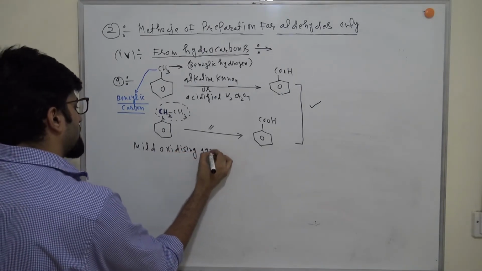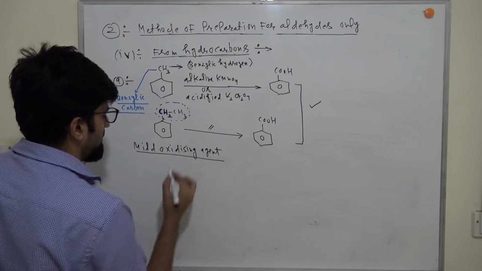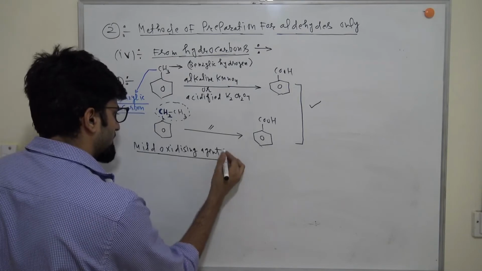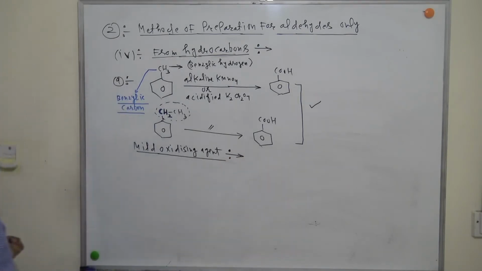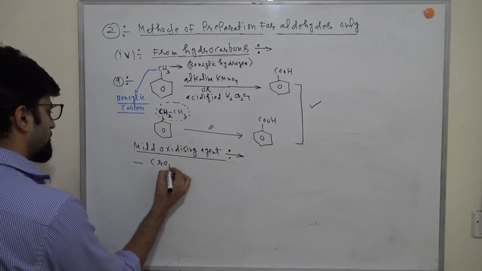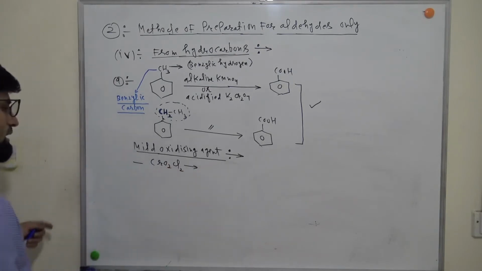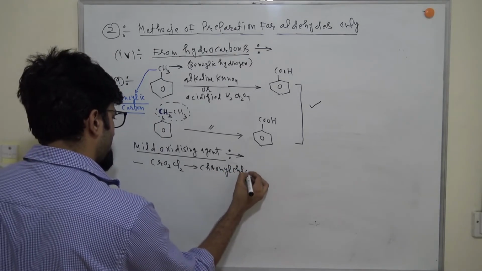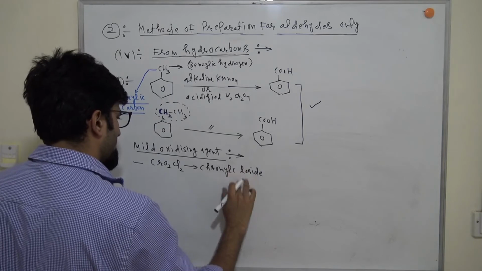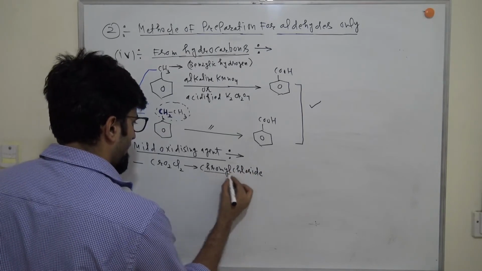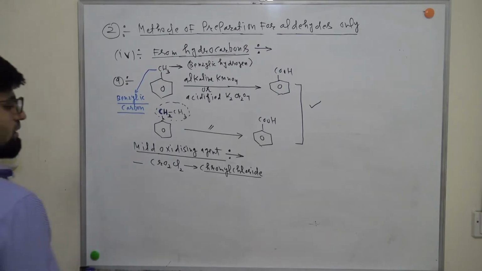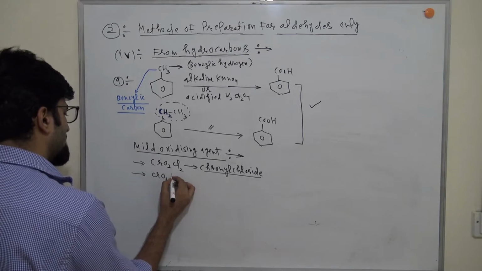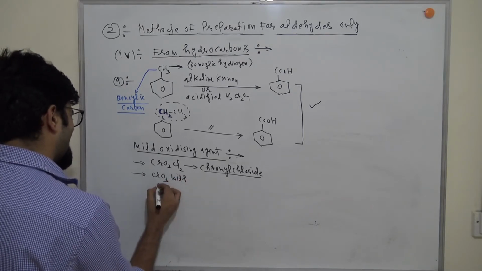We will use a mild oxidizing agent. So what are they? Mild oxidizing agents like CrO2Cl2, chromyl chloride, and we will use chromium trioxide with acetic anhydride.